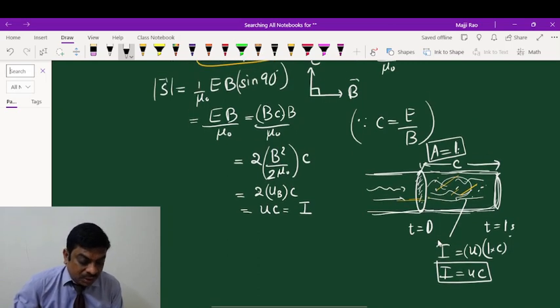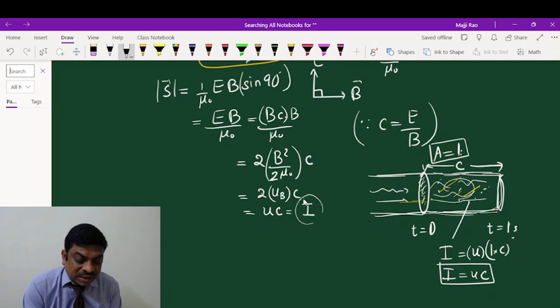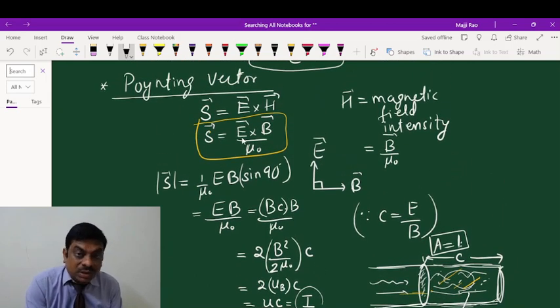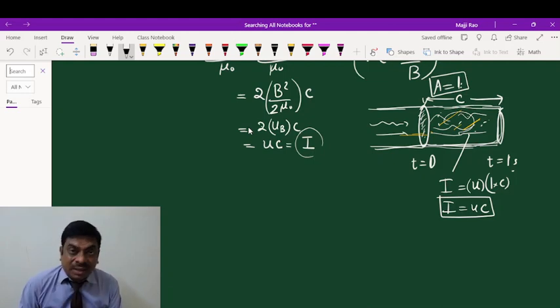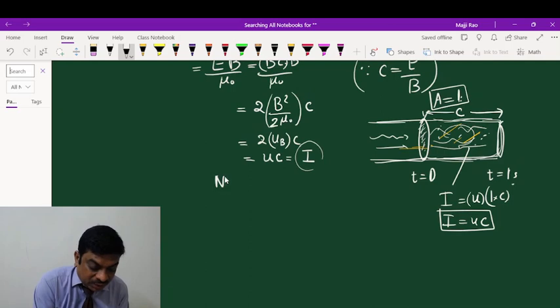Okay, students. So basically the Poynting vector magnitude gives you intensity, and its direction is towards vector E cross vector B. We have learned earlier that vector E cross vector B is directed towards the direction of wave propagation. So the Poynting vector is directed towards the direction of propagation. I'll write a note so that you remember this.